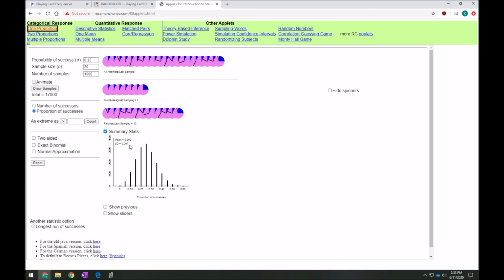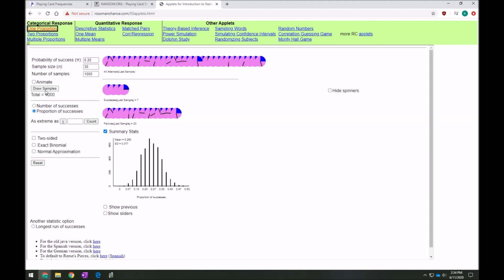My standard deviation is maybe a bit smaller. I can see that if I went up to like 25 cards, or maybe if I even went up to 30 cards, and I did this a bunch of times, I'm still getting an average around 25%, and my standard deviation is going smaller. And actually, in all of these cases, I can also see that my distribution shape is looking more and more bell-shaped.